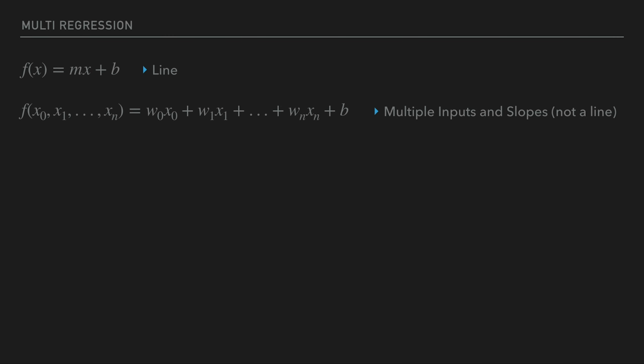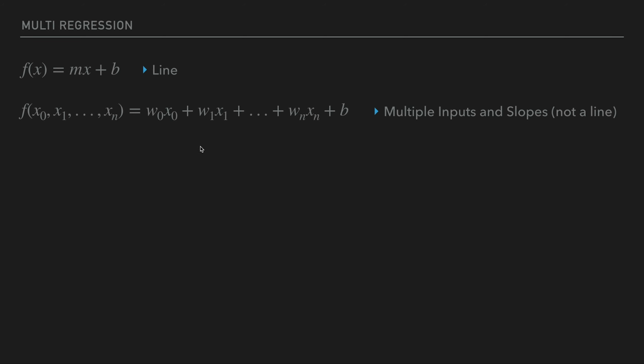Right, so now that we're back in our slides, we have a multi-regression already, or let's say a function of multiple inputs and multiple weights. What do we define as the cost? And actually, this is very simple. The cost is still the same as we had with a linear regression because we're still comparing 2 single points.